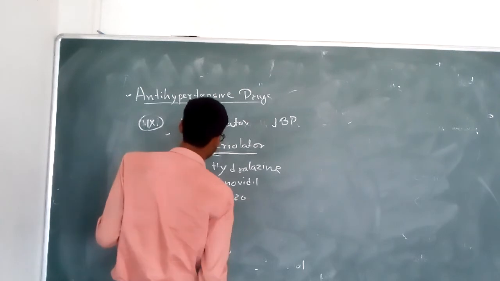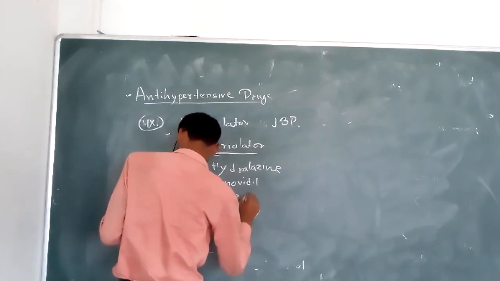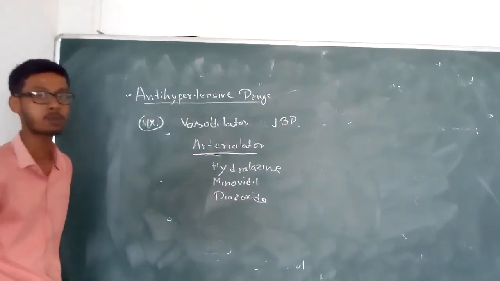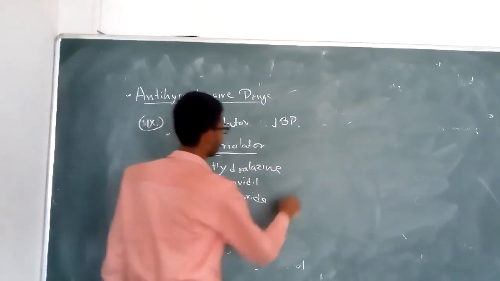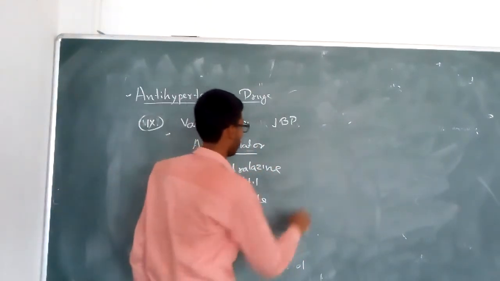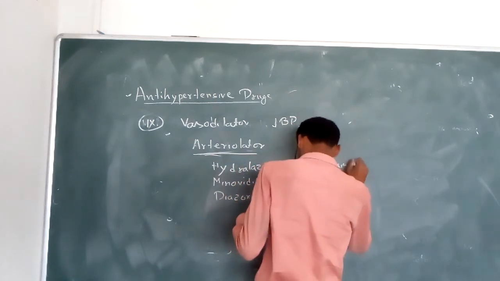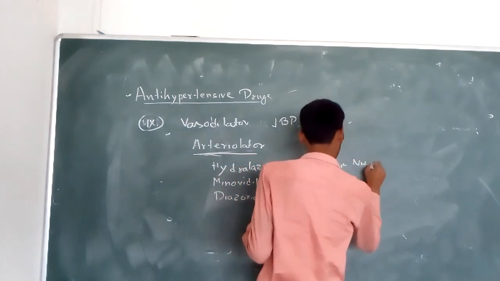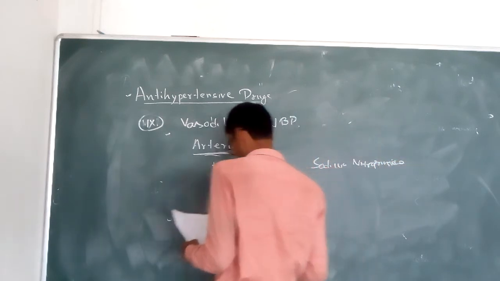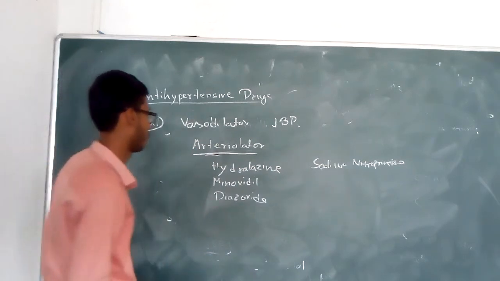These are the vasodilators that come under arteriolar dilators. And the other type acts on both artery and venous blood vessels. An example of this is sodium nitroprusside. It dilates both artery and venous vessels.